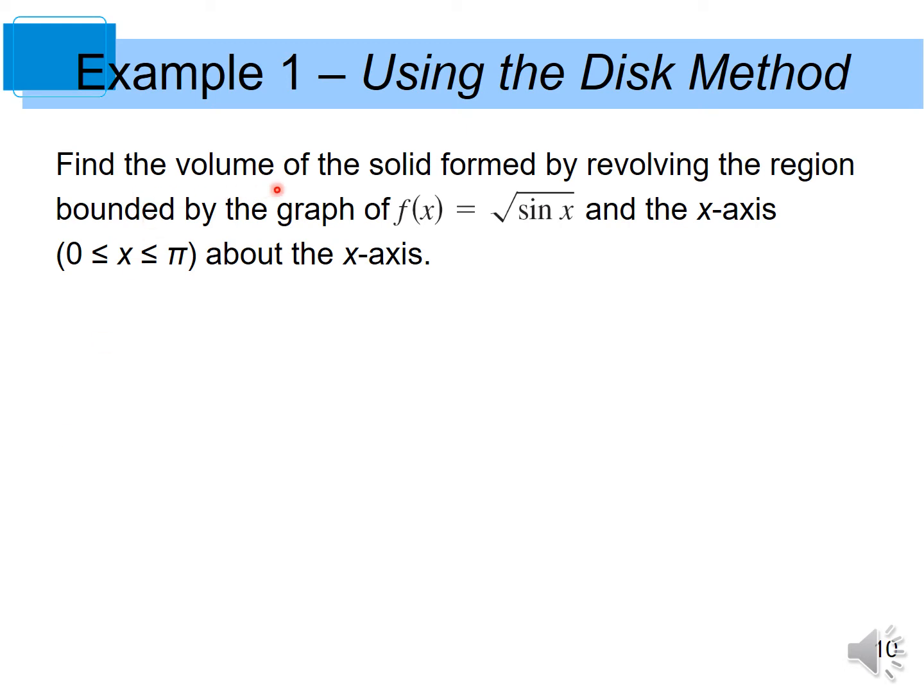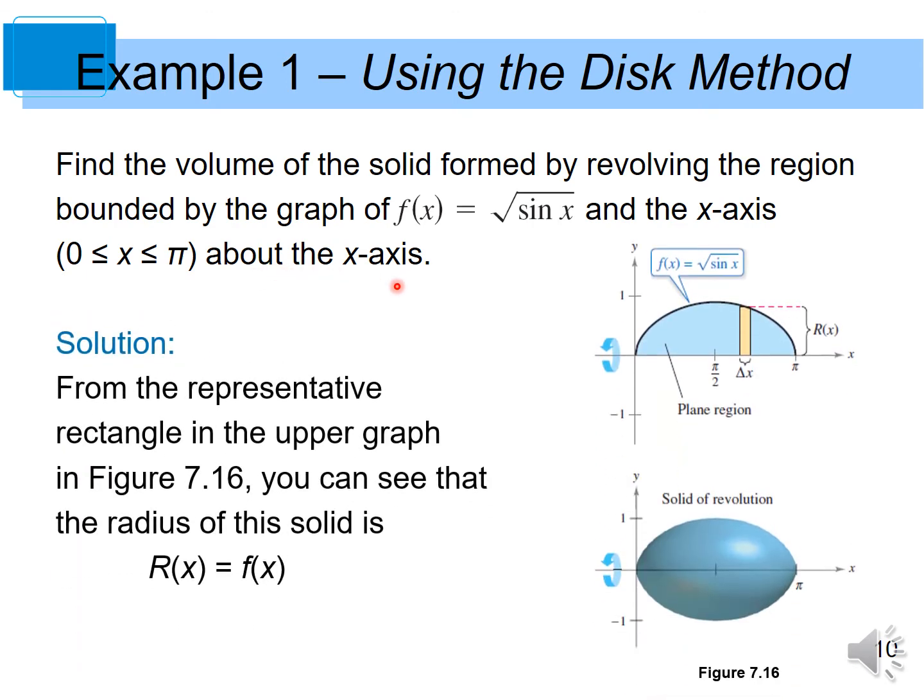Find the volume of the solid formed by revolving the region bounded by the graph of f of x equal to the square root of sine x and the x-axis from 0 to pi about the x-axis. Look at the solution.